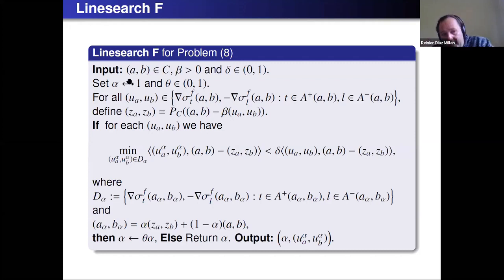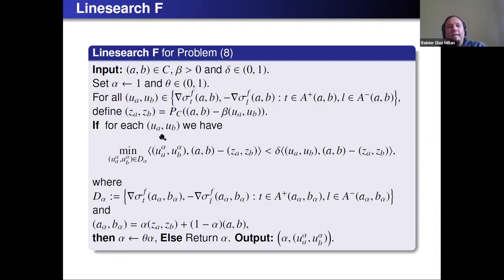Given the point x on C, if for all points on this set, we don't need to take the convex hull, because as the Clarke differential is the convex hull of all of these points, if this inequality is satisfied only at the points that generate the set, then we compute the minimum over this set on d alpha, and the alpha are only the points that generate the Clarke differential.